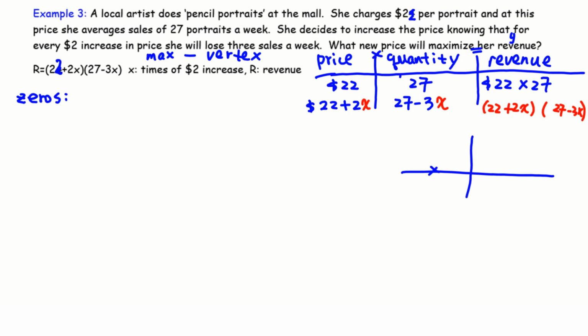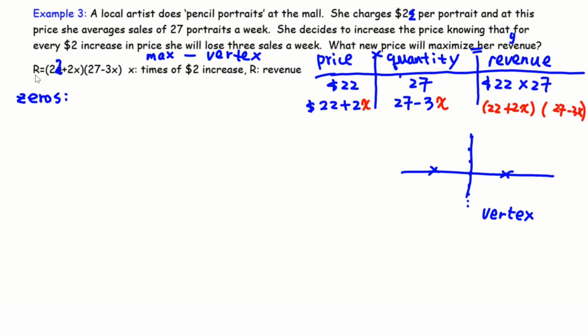If we have the two zeros, then we could find the midpoint. Then that is your vertex. So if we could find the middle of the two zeros, then we could find the x value of the vertex, and sub in we could find the y value of the vertex. So this is what we want to do.